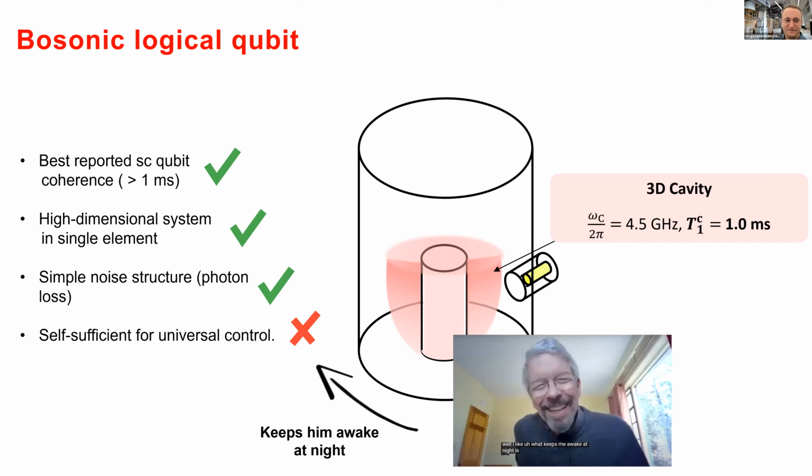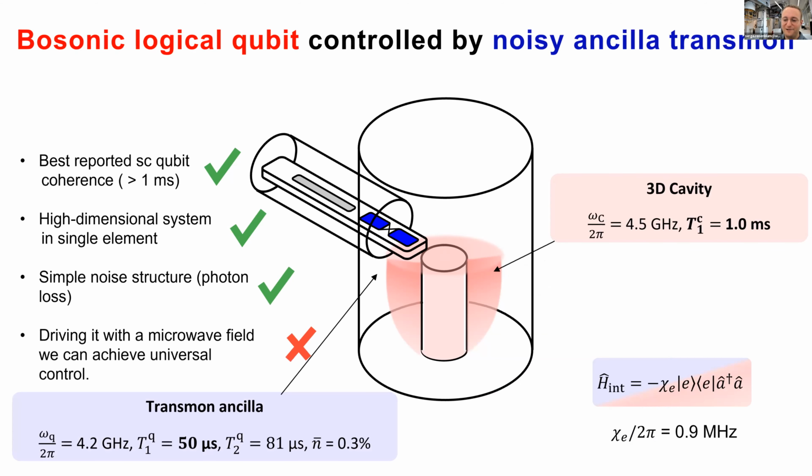And yeah, let's see why it's really such a problem. In our most basic experimental setup, we take this beautiful high Q resonator, and we attach to it this ugly, noisy, nonlinear element. In our experiment, we use a transmon ancilla, which gives us the ability to encode, decode, and also to control our logical qubits.